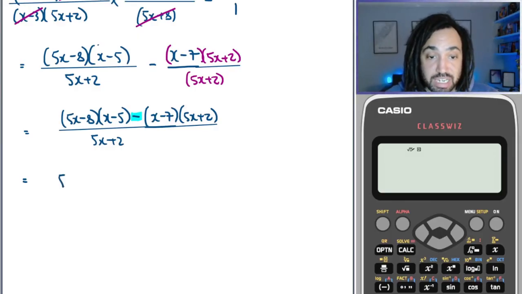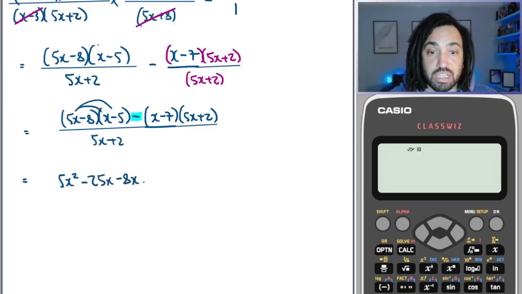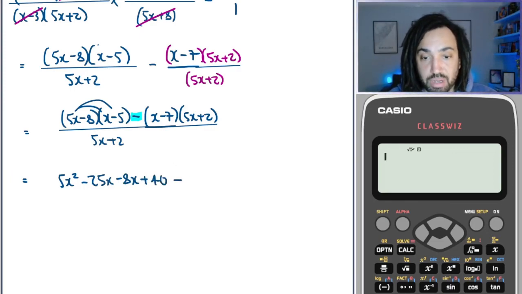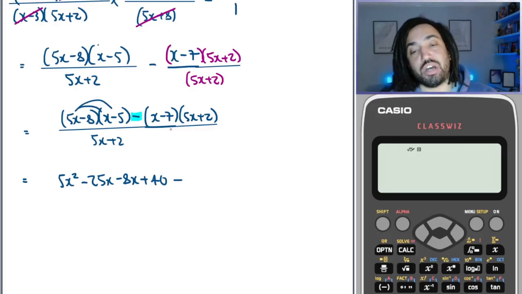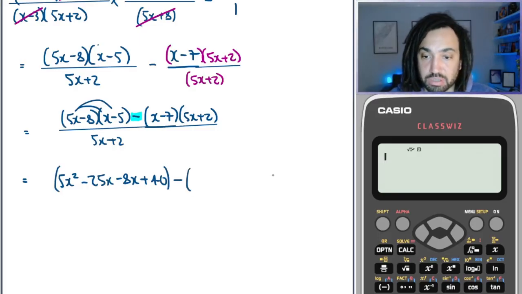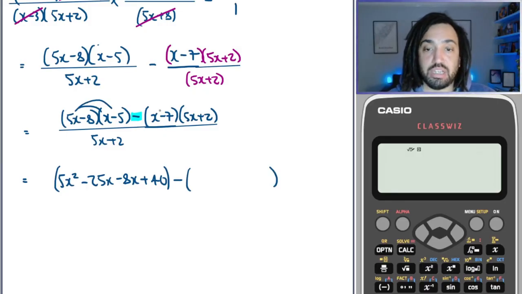So expanding the brackets, 5x squared minus 25x minus 8x plus 40. And then we're going to minus, and when I'm minusing a double bracket expansion, I just want to keep them in brackets because I don't want to make any mistakes.